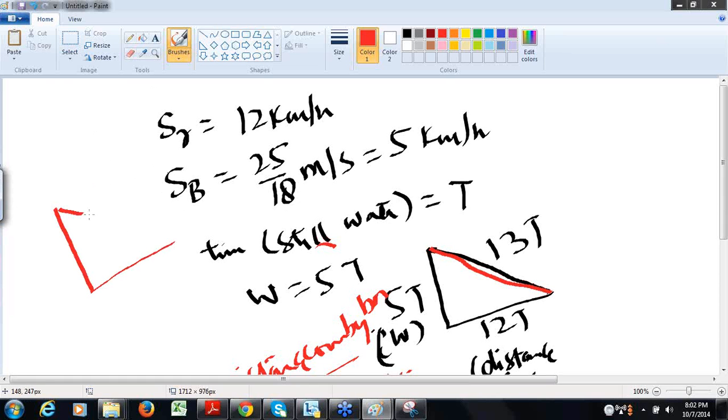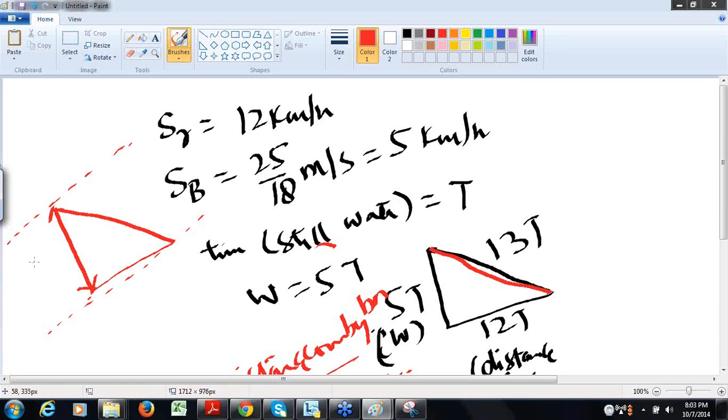Let me tell you, this is a river. This is the width of the river. If the speed of the boy is 5 km per hour, this will be the width of the river.